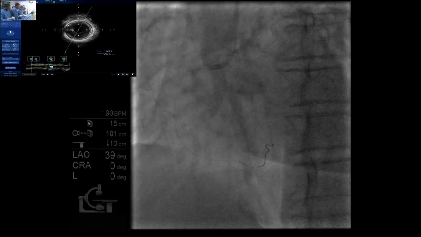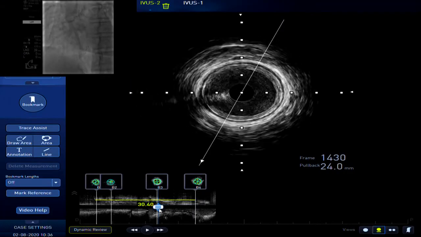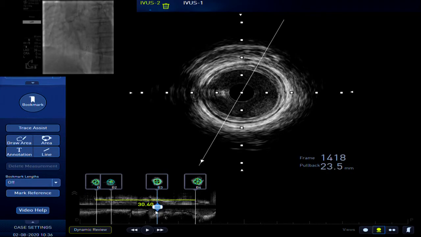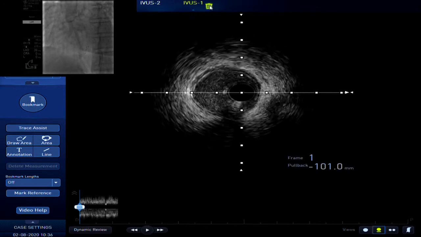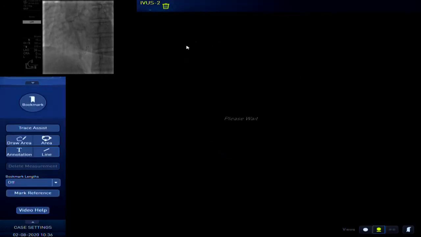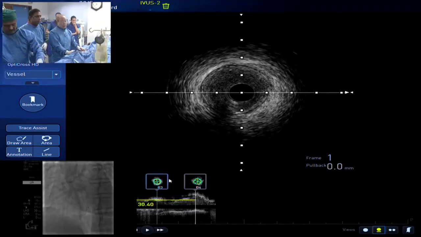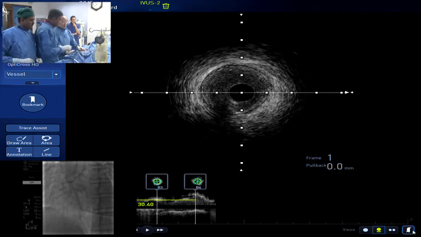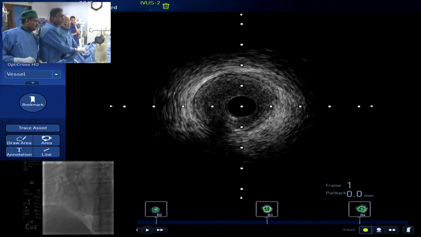Which size? 3.0? 2.5, 3, 3.5. Okay, 15. Distal, just check it. Yeah, it's okay.